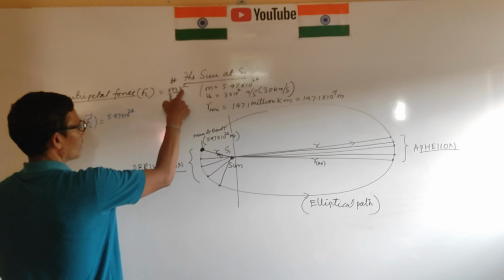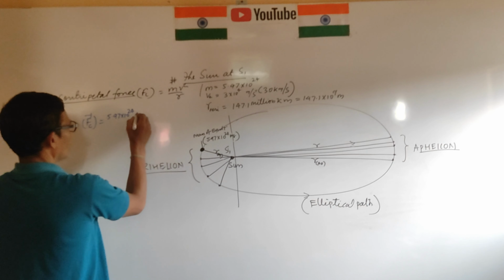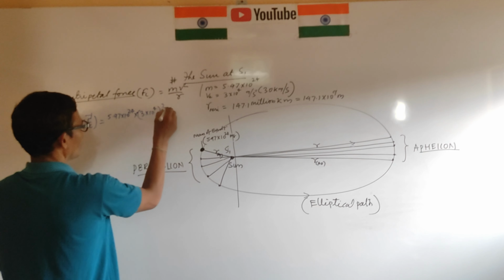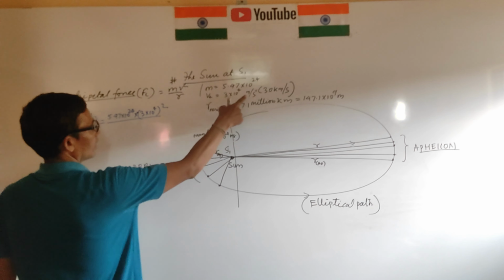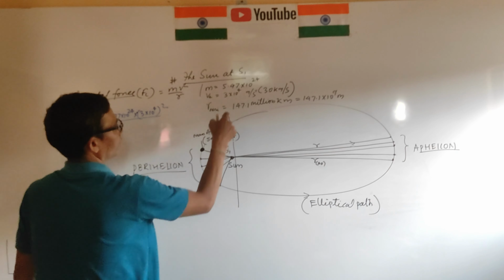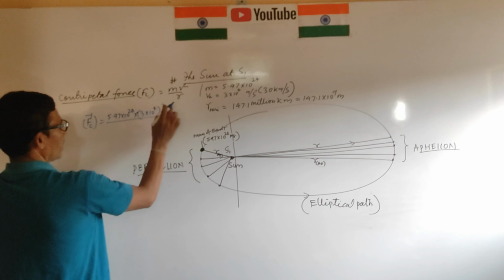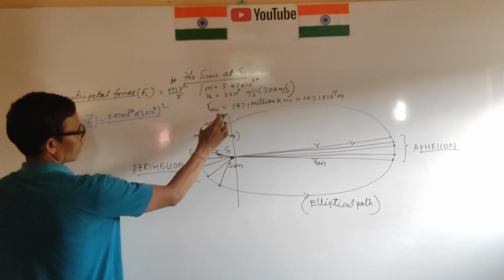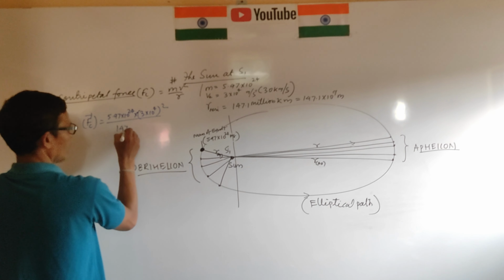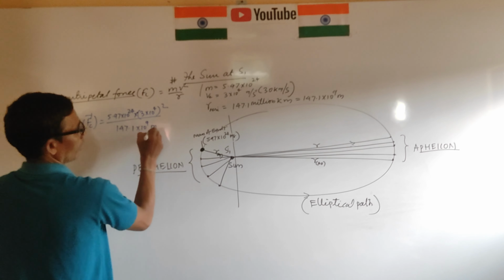This is the velocity of earth around the sun, 3 into 10 to the power 4 meter per second, that is 30 kilometer per second. Okay, so here the perihelion distance is how much? This is the perihelion distance, 147.1 into 10 to the power 9 meter.